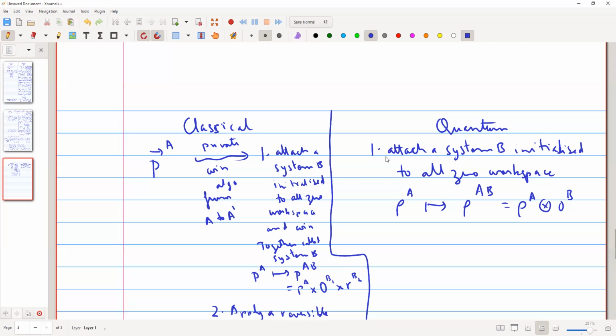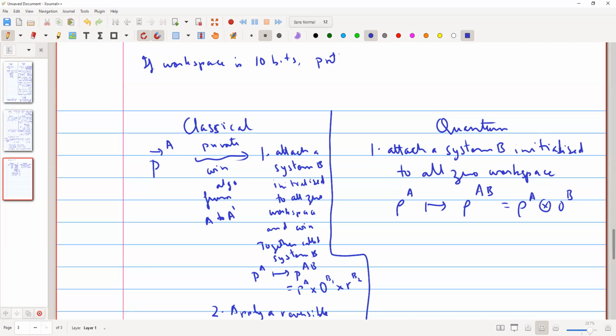Let me write it somewhere here. Workspace, 10 bits.